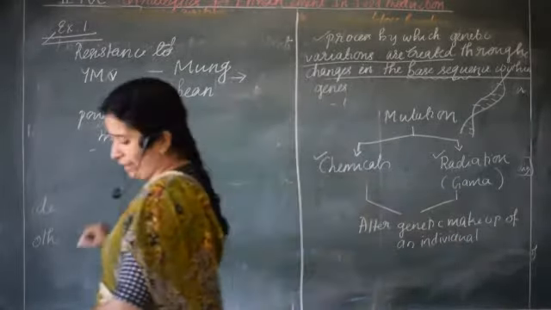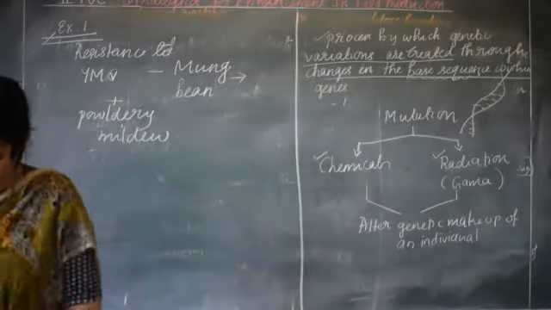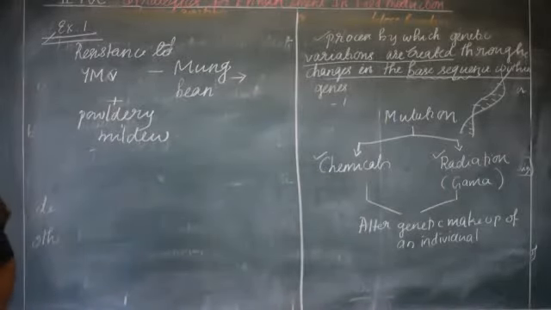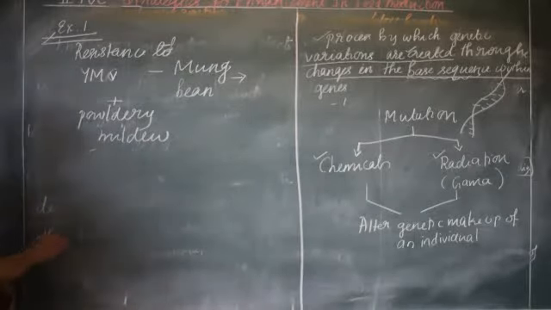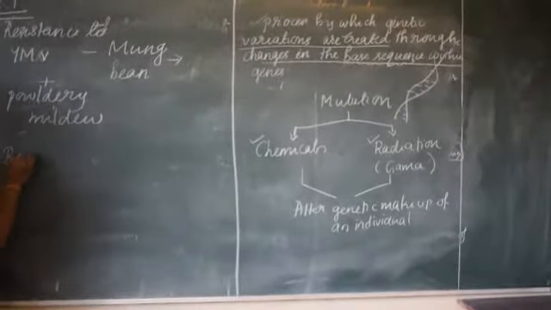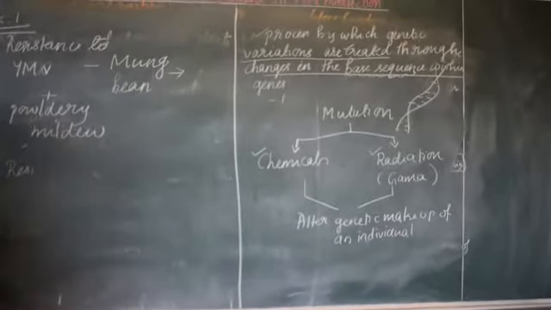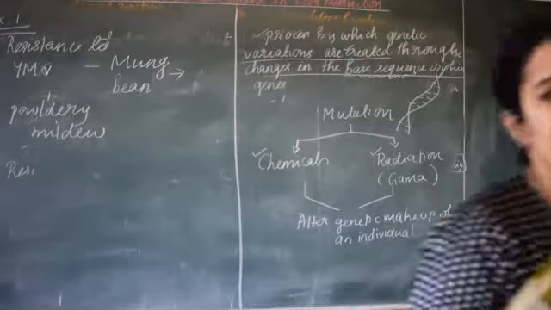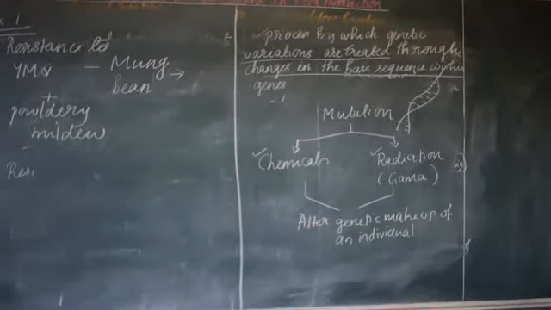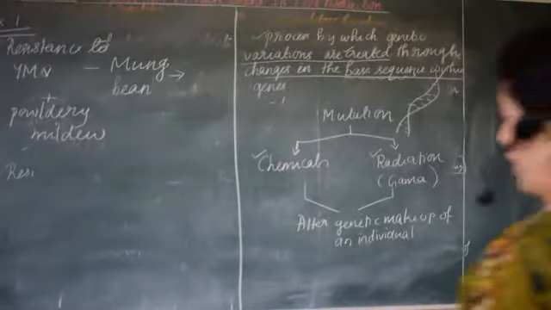That resistance capacity has been developed in mung bean. And there is another example: resistance to yellow mosaic virus in bindi.